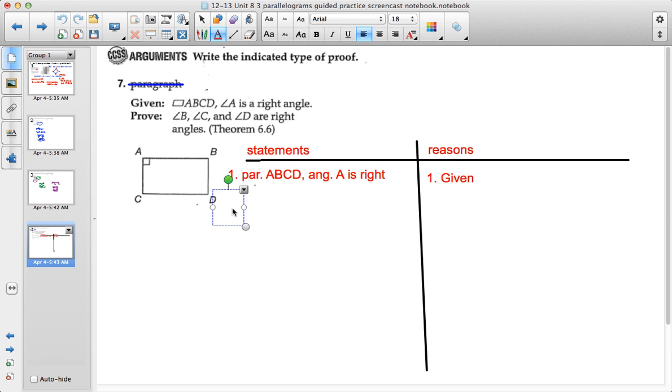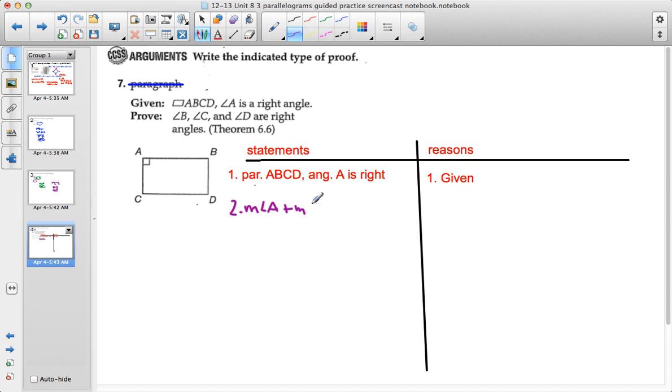For 2, we know that, and here, I'll write these ones in now. Hopefully it'll be legible. Statement 2 is that the measure of angle A plus the measure of angle C equals 180.